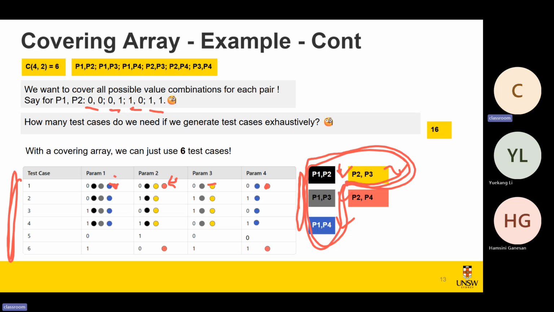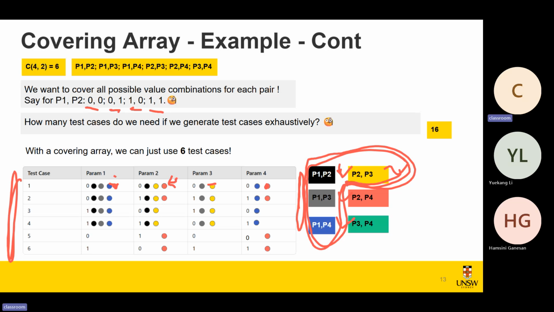So we need to use test case 6 to cover the situation of 0, 1. And for 1, 0, we also need another test case. So we need test case 5 to cover 1, 0 for P2 and P4. And then we can reuse test case 2 to cover 1, 1 for P2 and P4.